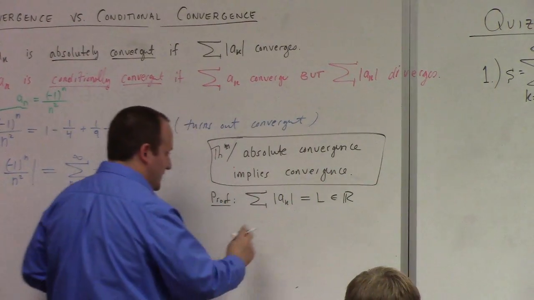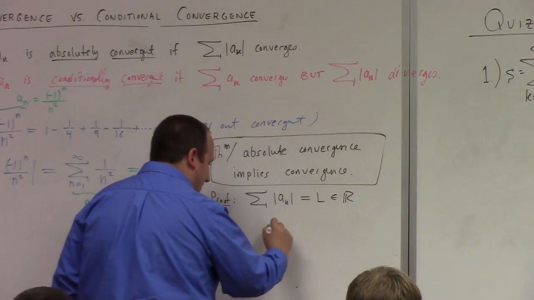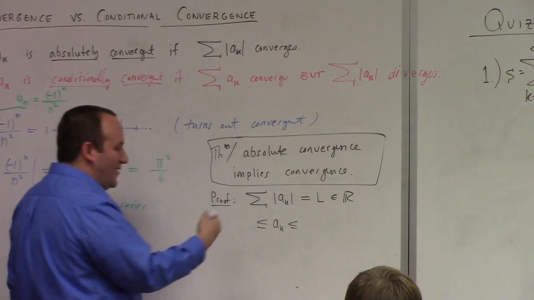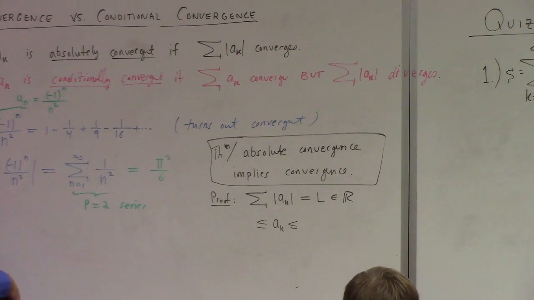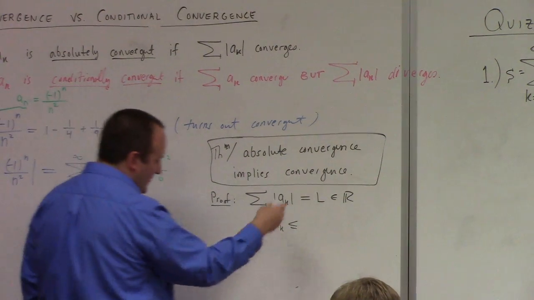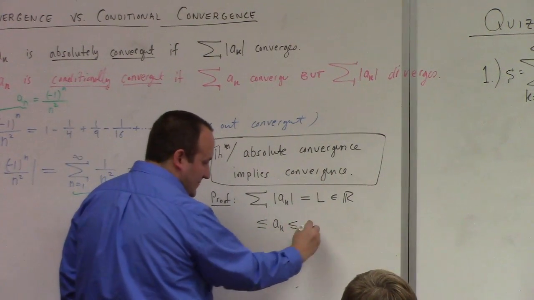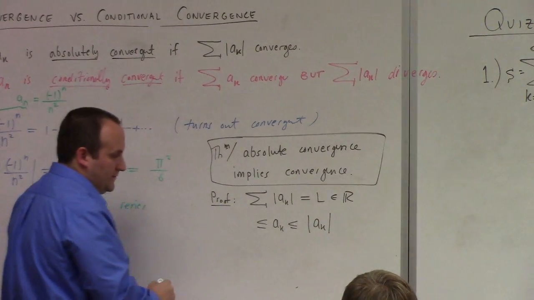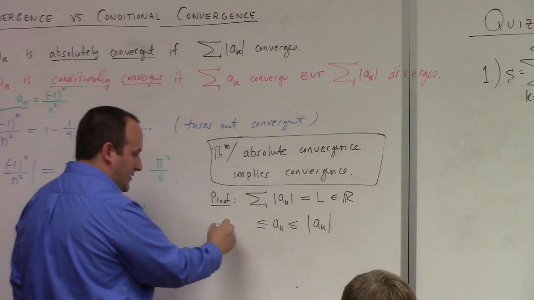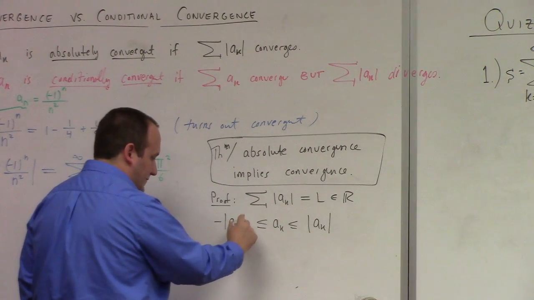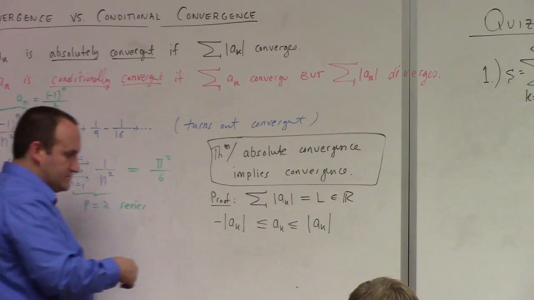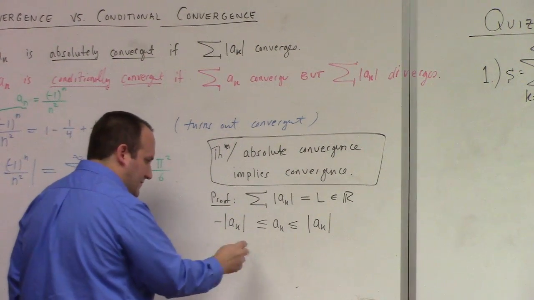So a sub k is less than or equal to the absolute value of a sub k. Okay, that's what I want. So what you were just saying, this is less than what? And then down here we can put, all right, now that we got that, then what?